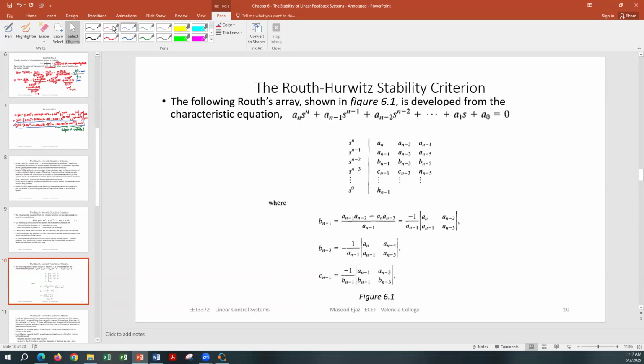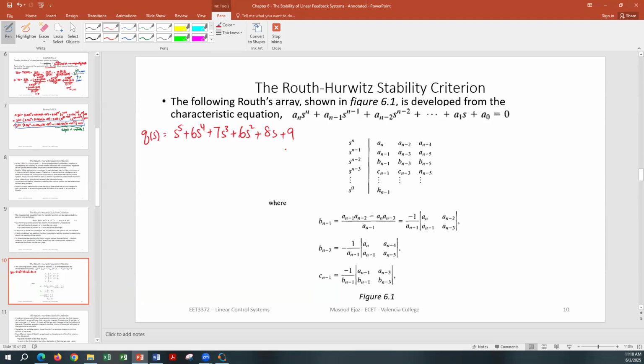So just to give you an example, we represent the characteristic equation by Q(s). If my characteristic equation is s^5 + 6s^4 + 7s^3 + 6s^2 + 8s + 9, let's say this is the denominator of my transfer function.